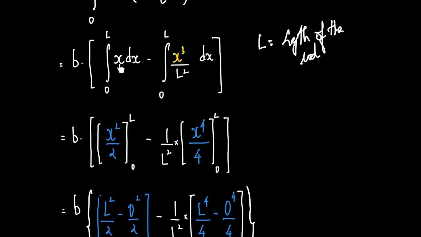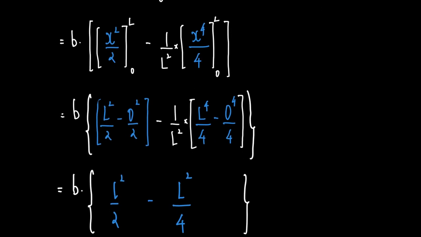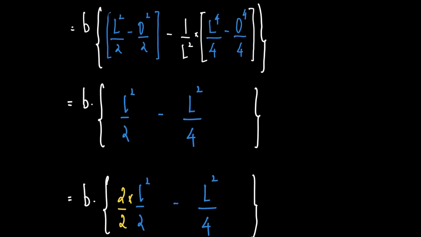So b into integral of x is x square by 2, varying from 0 to L. L is a constant, so we have 1 by L square outside the integrand, into integral of x cube, which is x to the power 4 by 4, varying from 0 to L. Then x square by 2, varying from 0 to L, becomes L square by 2 minus 0 square by 2. x to the power 4 becomes L to the power 4 minus 0 by 4, which gives us L square by 2 minus L to the power 4 by 4L square.